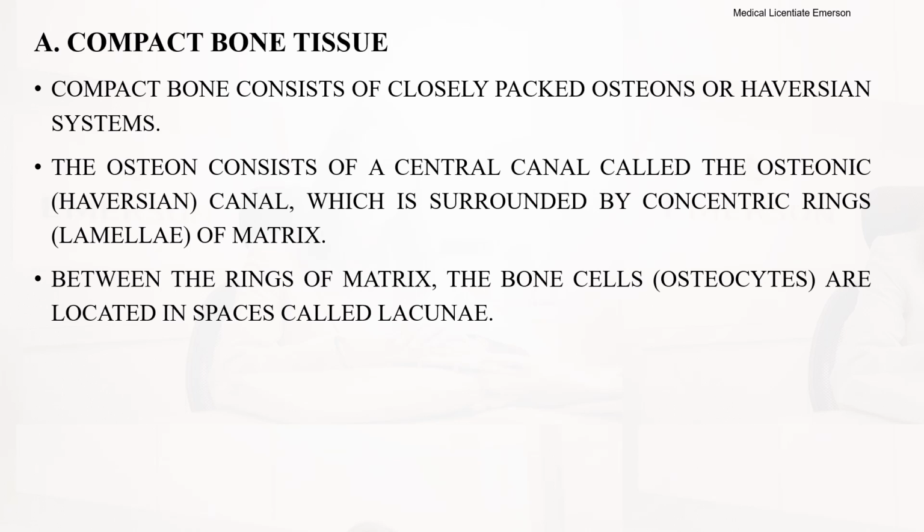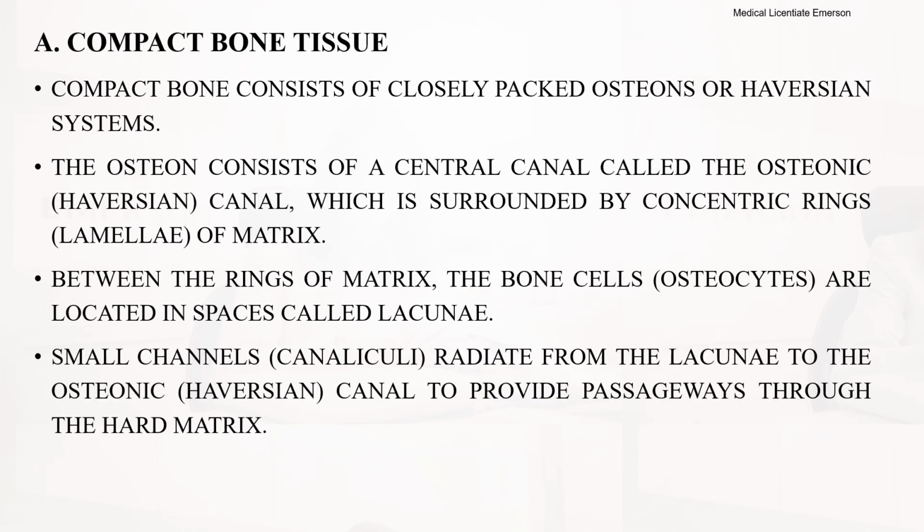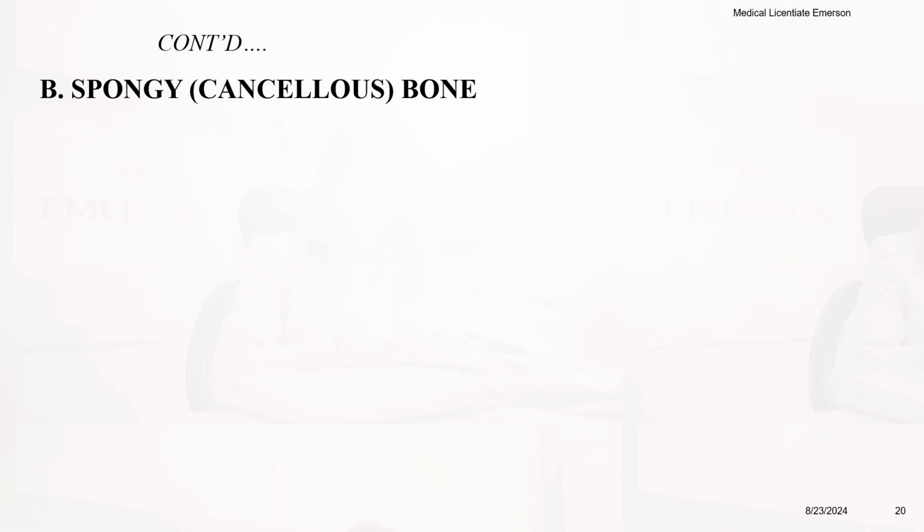Between the rings of matrix, the bone cells, the osteocytes, are located in spaces called lacunae. Then small channels called canaliculi radiate from the lacunae to the Haversian canal to provide passageways through the hard matrix. That's about the compact bone.